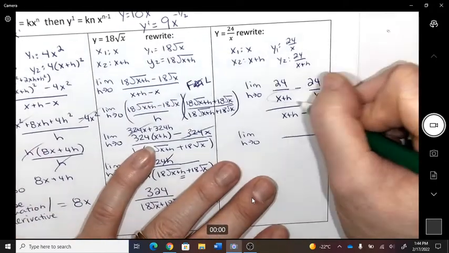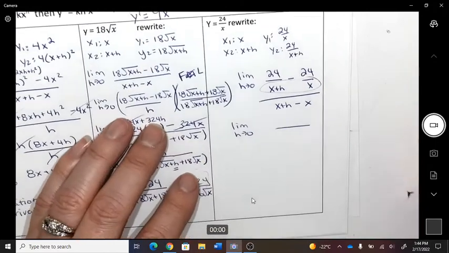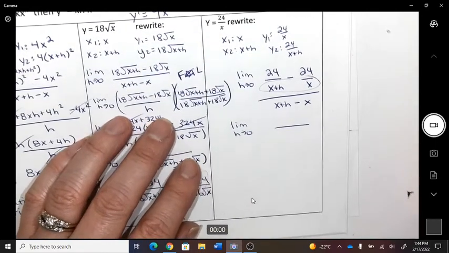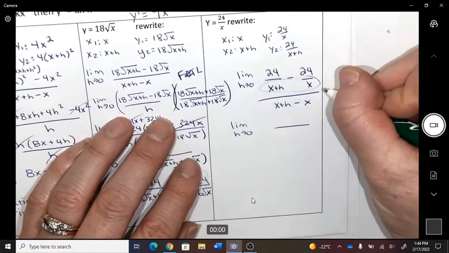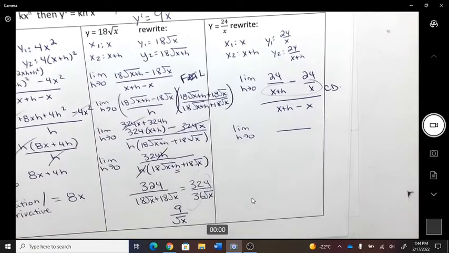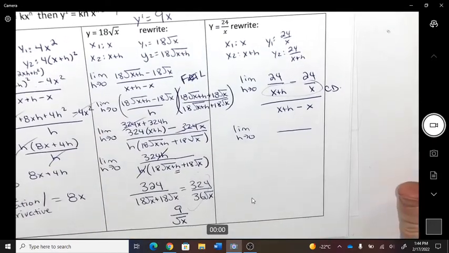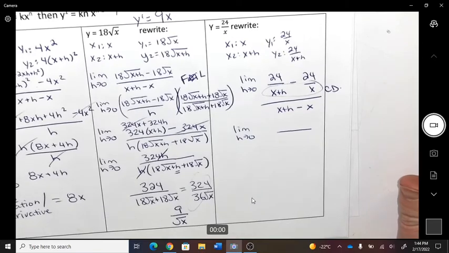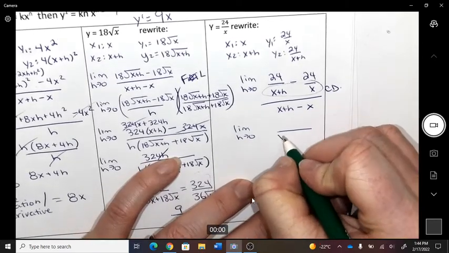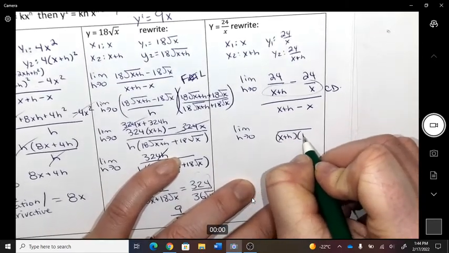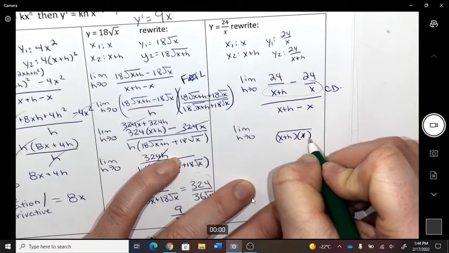Okay, so here, the big idea on this one is fractions. So we're going to think common denominator stuff, right? That's going to be the strategy. So between an x plus h and an x, I need to put both of those in.